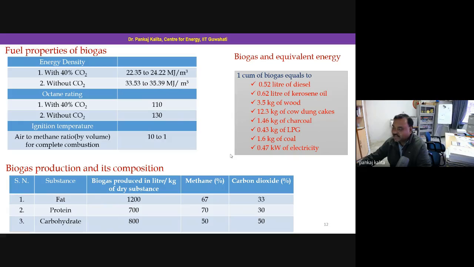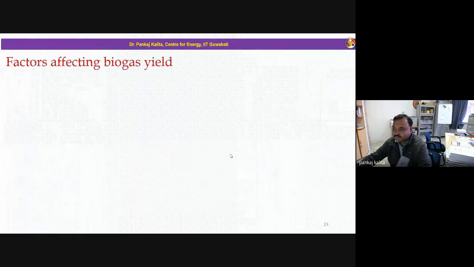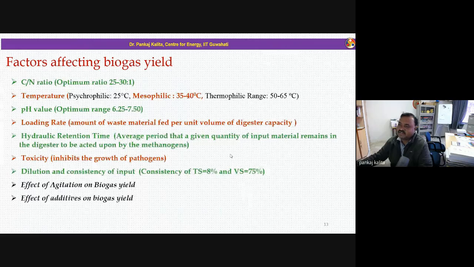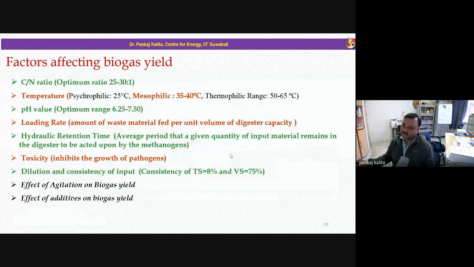Okay, and then how equivalent energy can be generated, and what are the different factors which influence the biogas yield. These factors are very essential to maintain at an optimum rate. Like carbon nitrogen ratio. If we have to use a mixed feedstock, then we have to find out the mixed carbon nitrogen ratio.